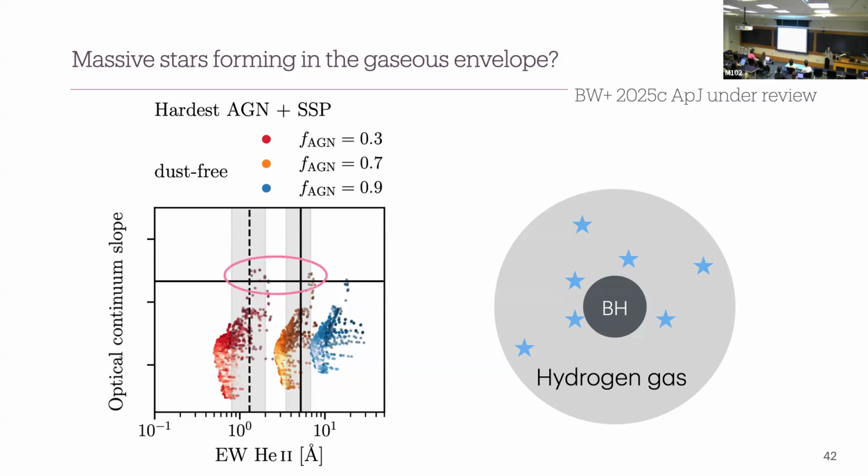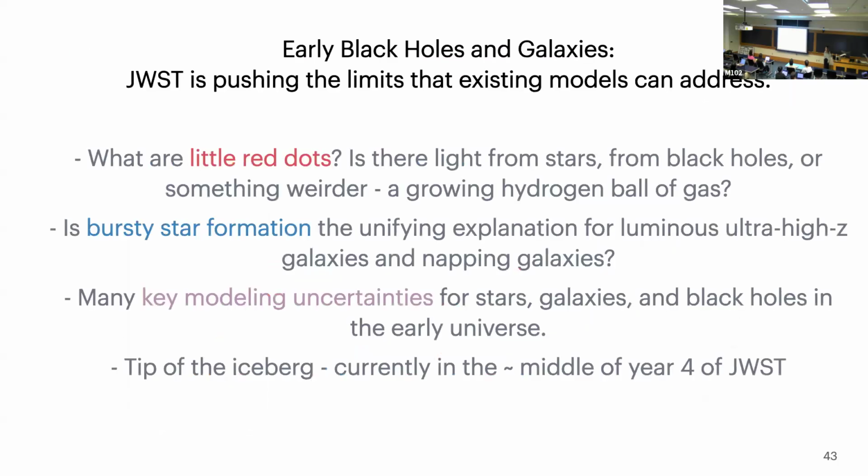Physically, this is also plausible because neutral hydrogen is highly conducive to star formation. It's hard to imagine a ball of hydrogen just sitting there doing nothing, and they can preferentially form massive stars. So that's one way to get out of this. There are many things we need to do in order to establish this, but this is one possibility that can give observations consistent.